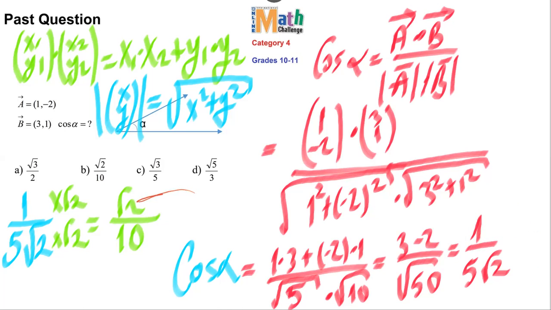If you multiply both sides by √2, this is not x, this is times. So √2 times √2 is just 2 because it is √2 squared, which is equal to 2. So 5 times 2 is 10, and √2 times 1 is √2. So this is the final answer, √2 over 10.